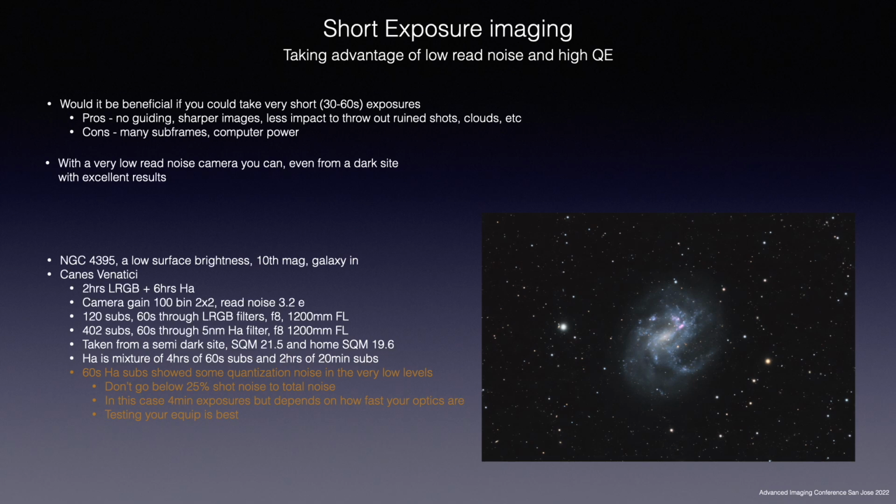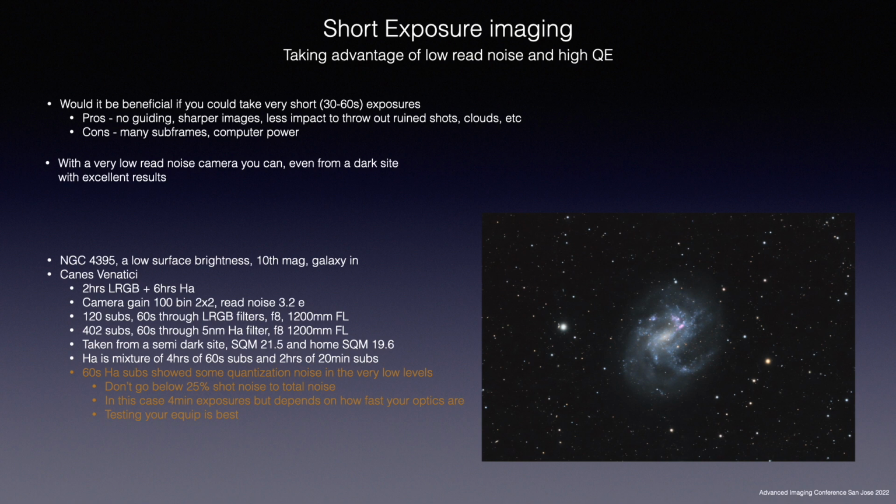Okay, so now we have these new cameras that let you take advantage of short exposures. Here's an example of taking advantage of this low read noise. This was a shot of AGC 4395. I took 2 hours of LRGB and 6 hours of HA, 60-second subs.